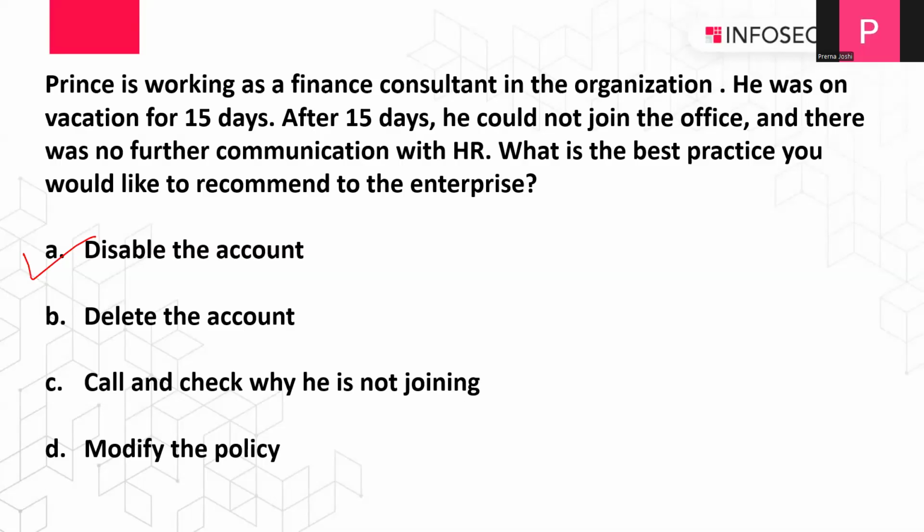Because in this situation, deleting the account is irreversible, and maybe it will result in the loss of important data, finance records and anything, so we cannot delete the account. And about call and check why he's not joining, this is a reasonable step for HR to take, but it does not directly address the security risk which is associated with an inactive account, right? So that's why among these options, C is also not the option.